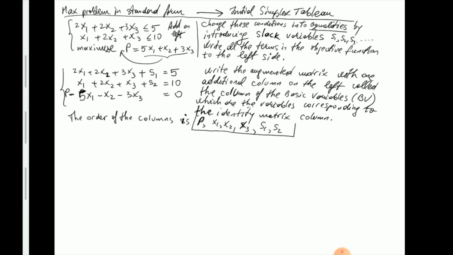P is a variable essentially in this system, then the columns of x1, x2, x3, however many variables you have, and then the slack variables. So the order of the columns in this matrix is always the objective function, the original variables in the problem, then the slack variables.